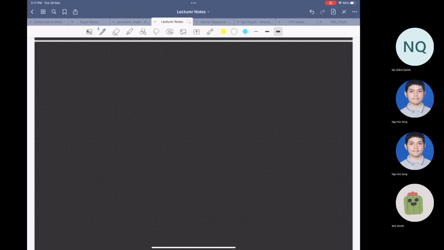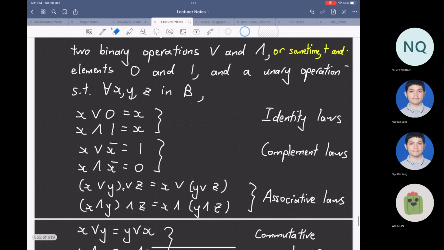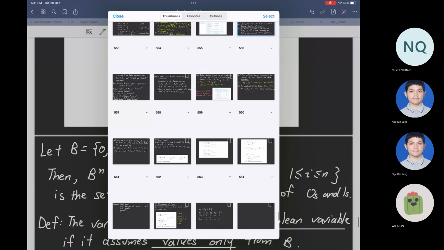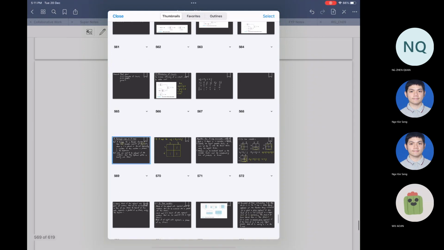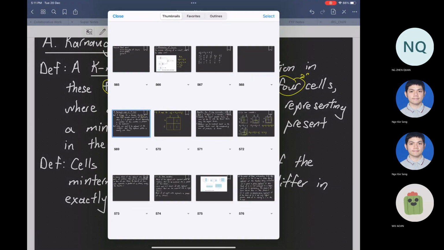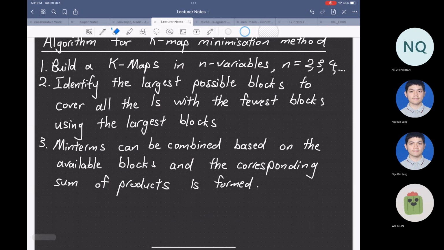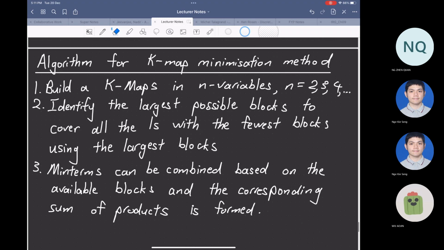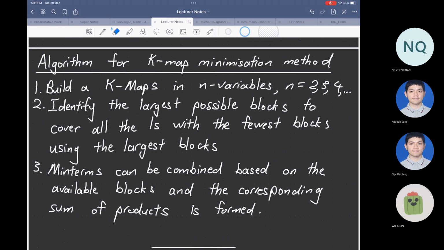Let us not spend time writing the algorithm, but go through it and study some examples. The algorithm for the K-map minimization method is, first, you build a K-map, what we did just now, for different numbers of variables: 2, 3, 4, and so on.